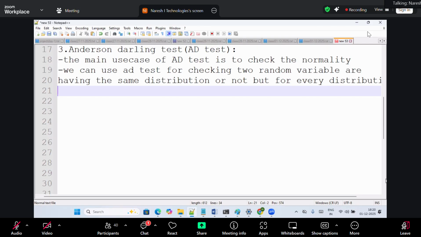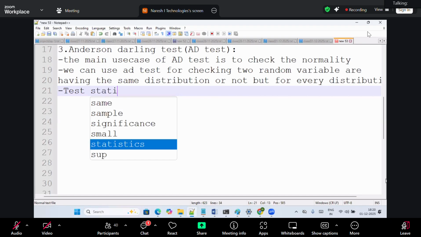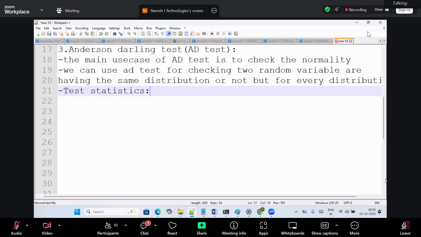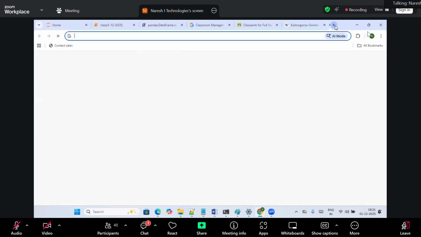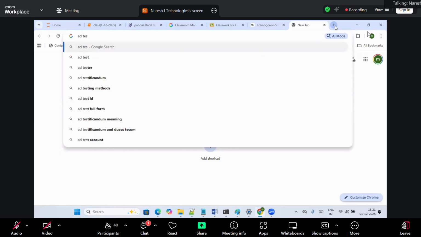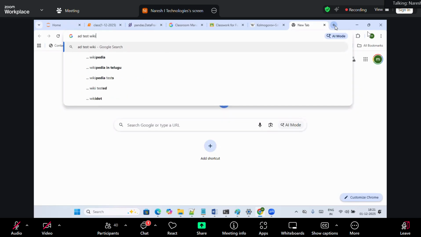Okay, fine. So let's take the test statistic, right? Let me show. It is a very long formula, right? So you are getting here the AD test wiki.